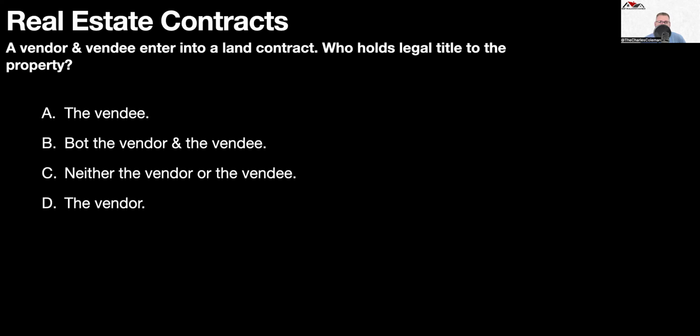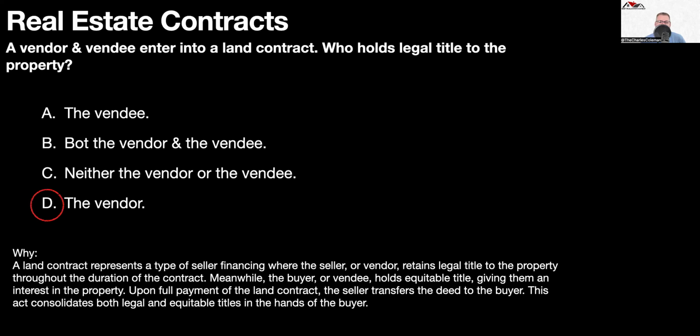A vendor and a vendee enter into a land contract. Who holds legal title to the property? The vendor. A land contract represents a type of seller financing where the seller or vendor retains legal title to the property throughout the duration of the contract.